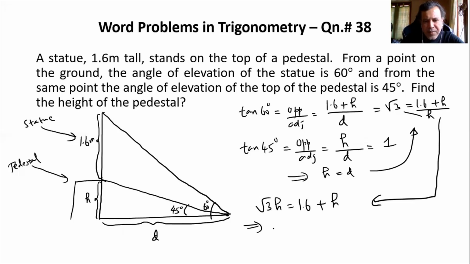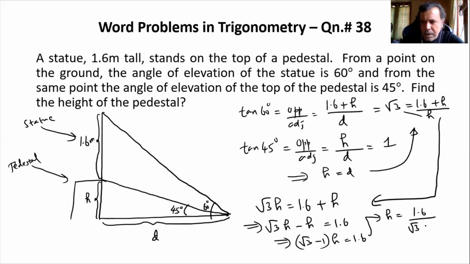Now bring this h to the left hand side. That means we have root 3 h minus h is equal to 1.6, or root 3 minus 1 times h is equal to 1.6, or h is equal to 1.6 by root 3 minus 1. We can either rationalize the denominator, or leave it as it is. This is the answer, in meters.